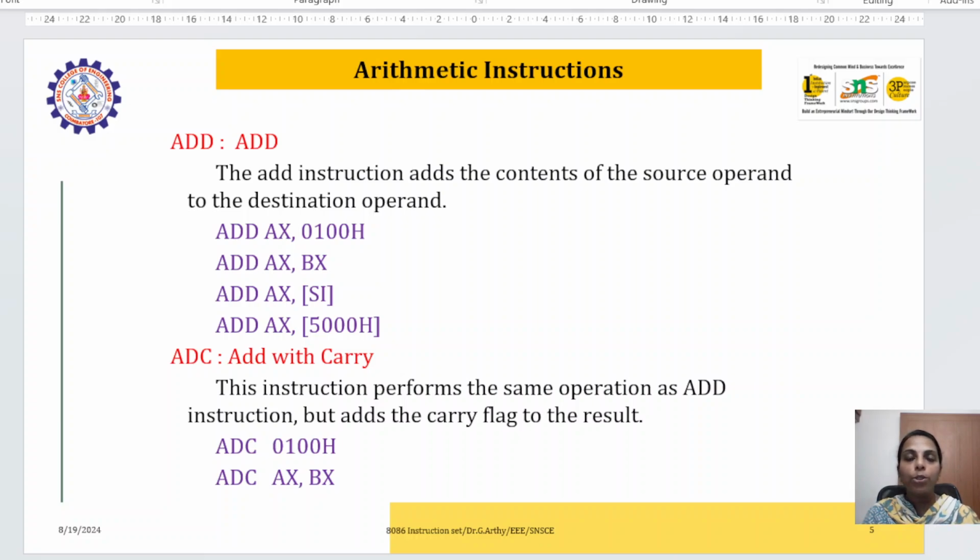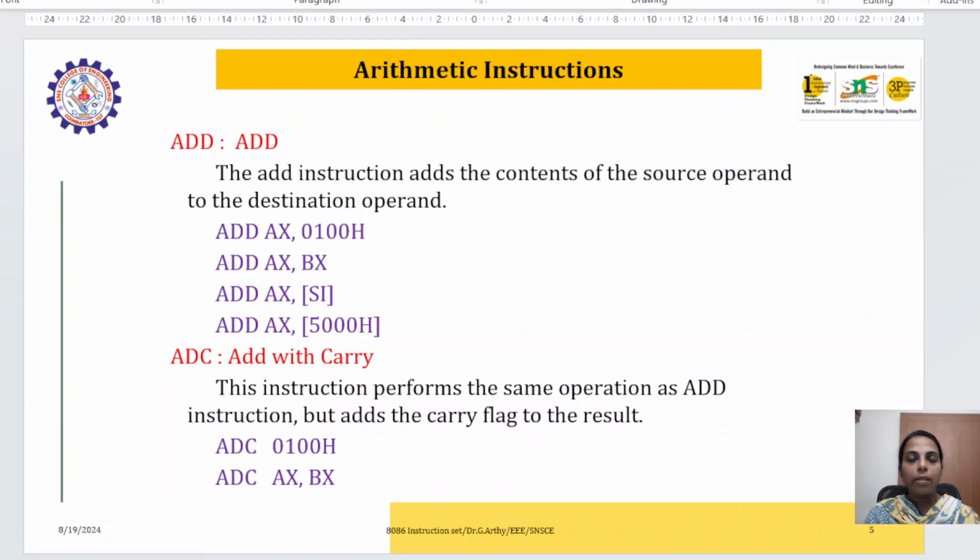We know in general addition, subtraction, multiplication and division are arithmetic operations, and logical operations we are also aware of, the logical gates AND, OR, NOT, NAND. All these gates can also be executed using the arithmetic and logical instructions. So first let us discuss the arithmetic instructions of 8086.